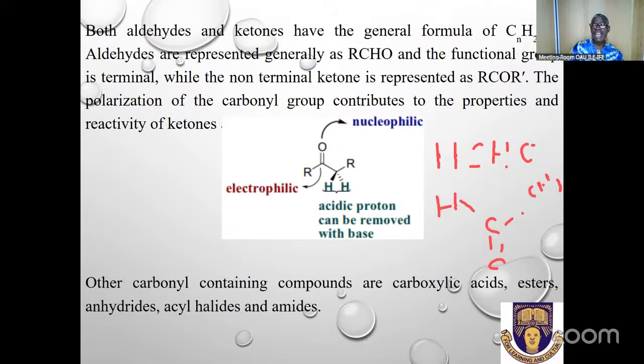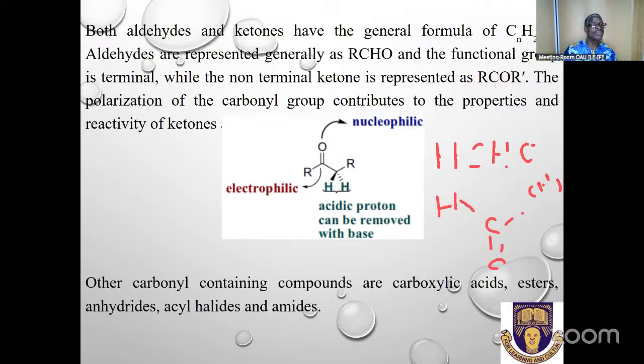That means for n equal to 1 and 2, you can't have a ketone, only an aldehyde. But from when n is equal to 3, then you can have both the isomers, aldehyde and ketone. For example, you can have propanal or acetone, that is propanone. When n is equal to 3, then you can have propanal or propanone.